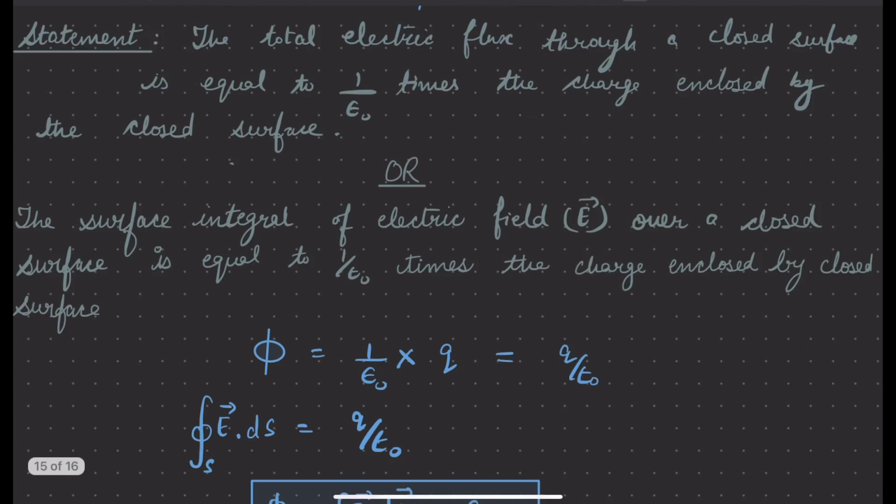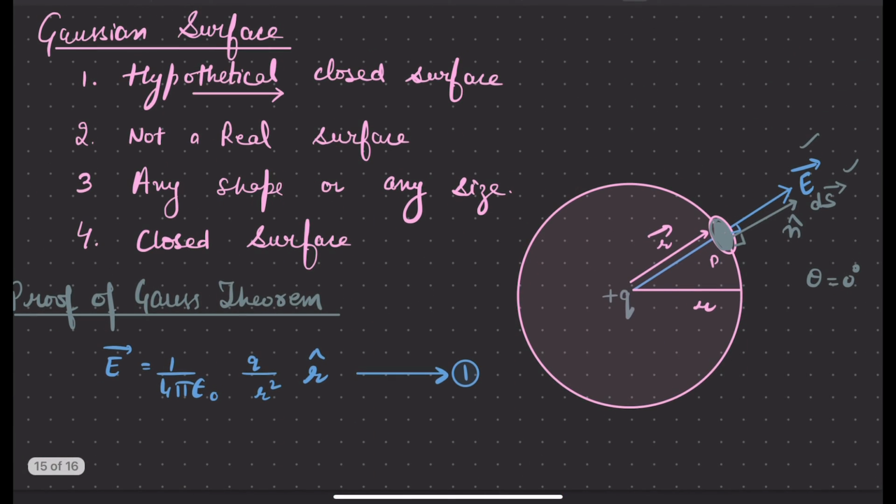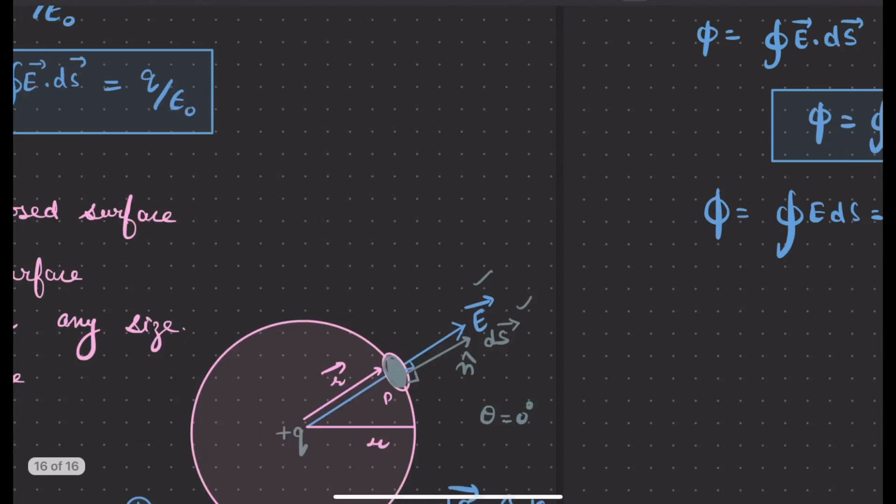Now ds vector is represented in terms of n cap as ds vector equals n cap ds, that is, n cap is a unit vector representing a direction which is adding a direction to the area ds, so it becomes an area vector.